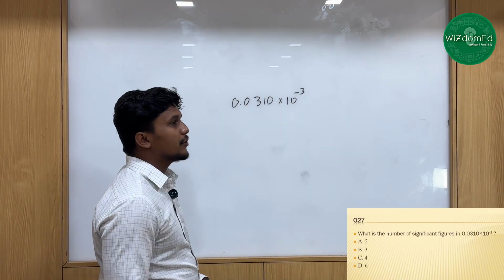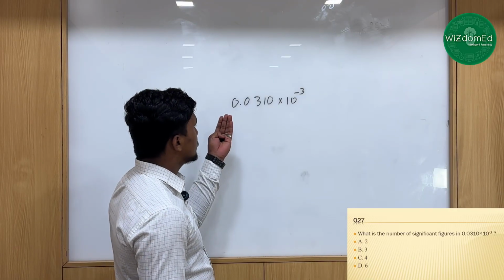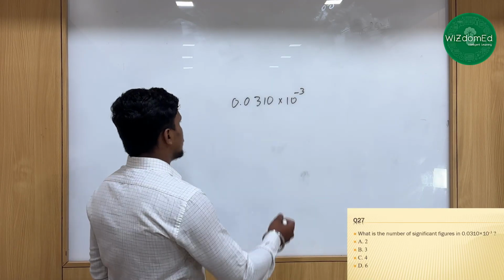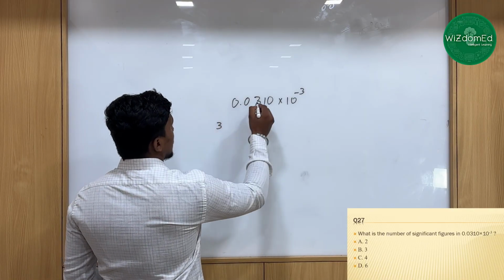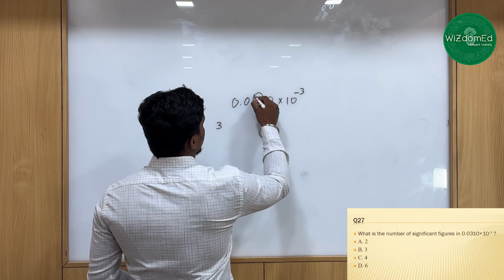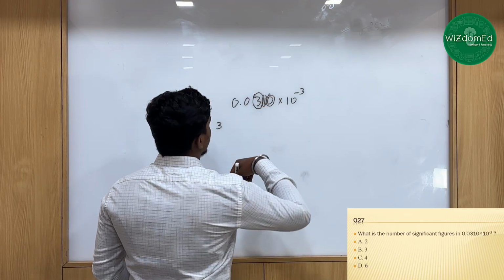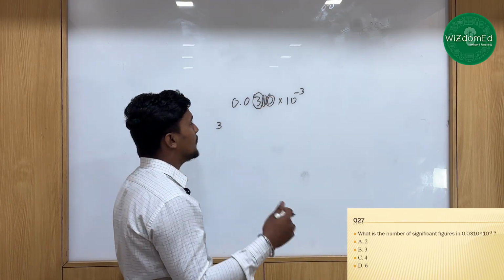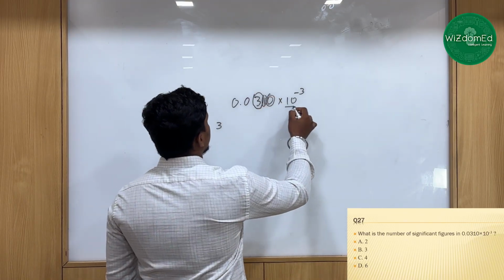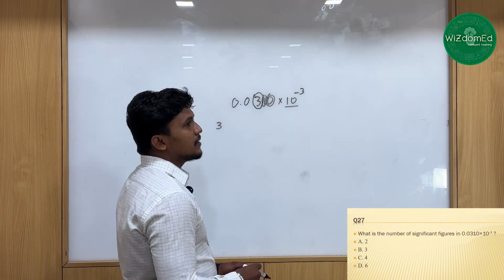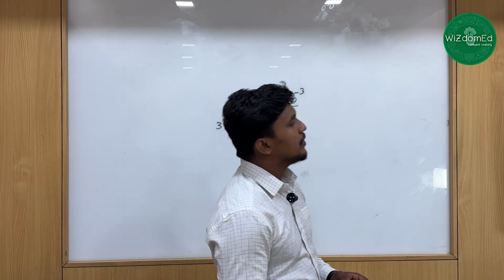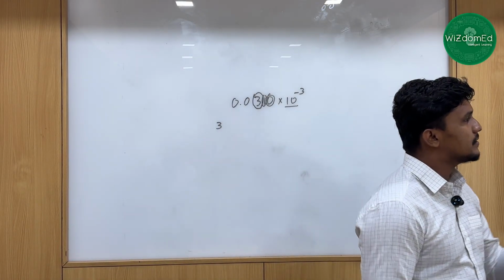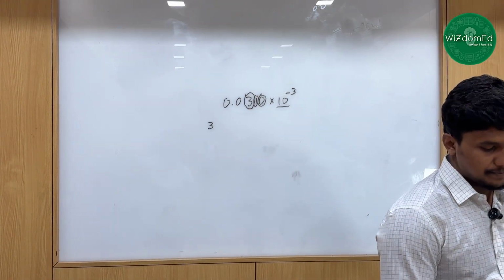Here we know the rule that the preceding zeros are not significant, so the number of significant figures is 3, as 1, 2 and 3. There are only 3 significant figures, and we are not going to consider 10 to the power of minus 3 as a significant figure.